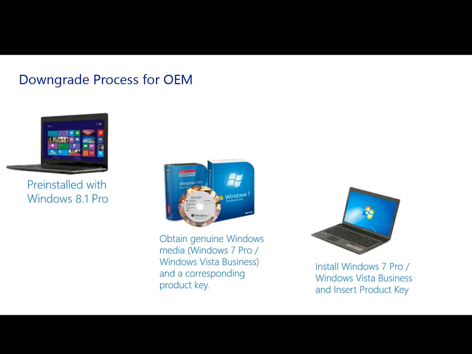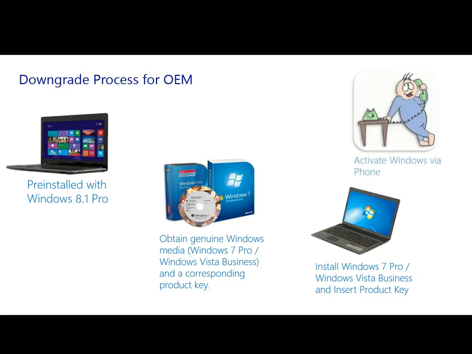So once I install Windows 7 and put in the product key, the next step is I need to call Microsoft for activation. I just have to tell Microsoft I bought Windows 8.1 Pro, I have the license, and I downgraded to Windows 7 Pro, and that will give you an activation.